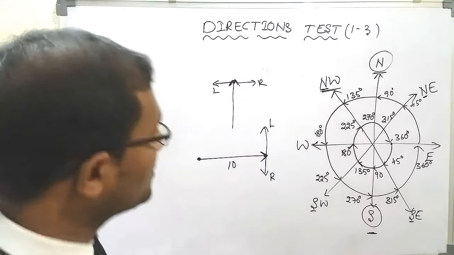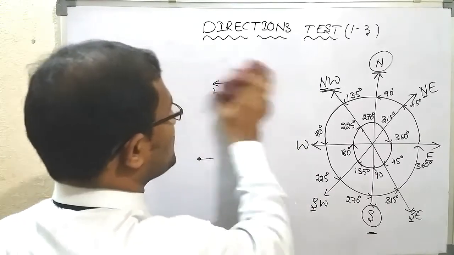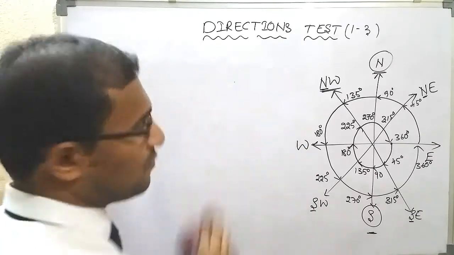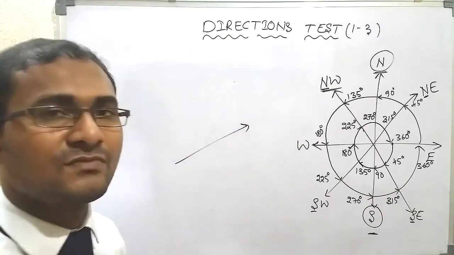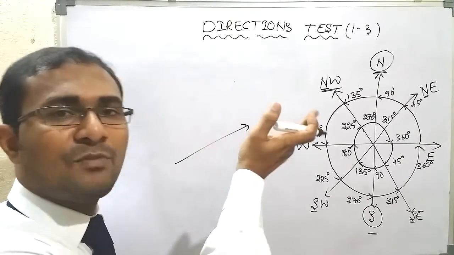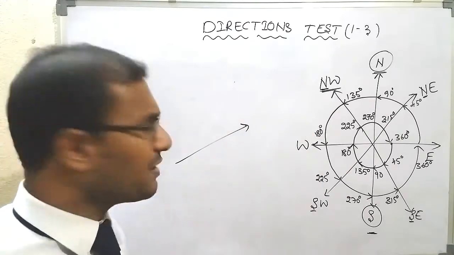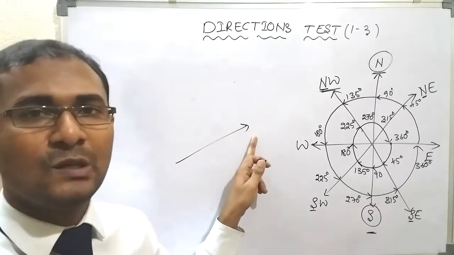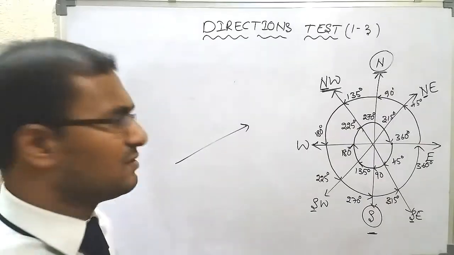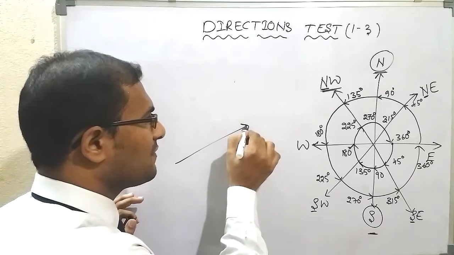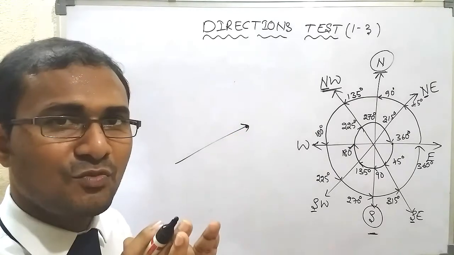Now let me take one more condition. Let us suppose one person is moving in the northeast direction. Northeast direction means towards upward direction with somewhat slope. So a person is moving in the northeast direction. Now what is the right hand side direction for this person? Just imagine in place of that person at the last point.